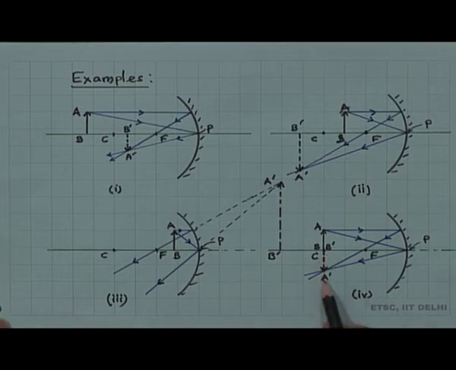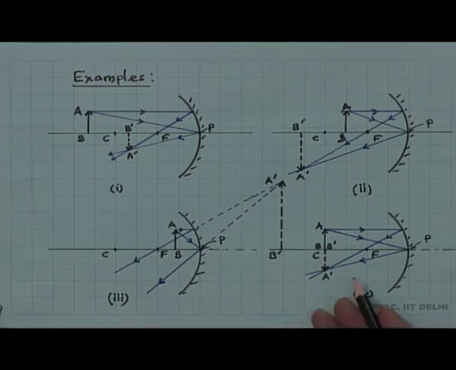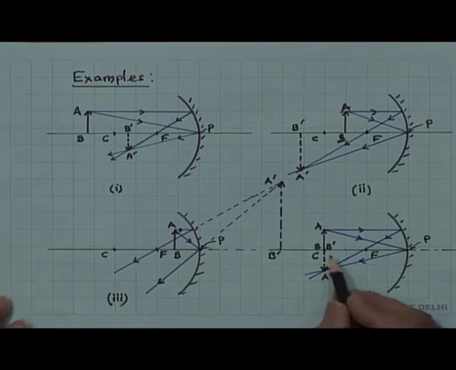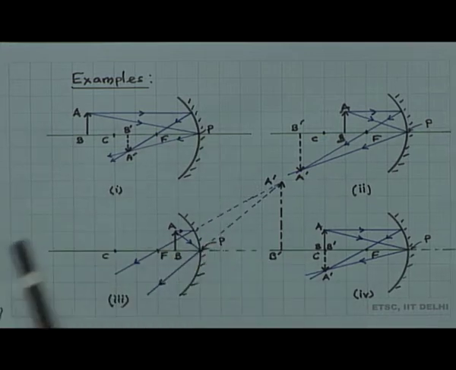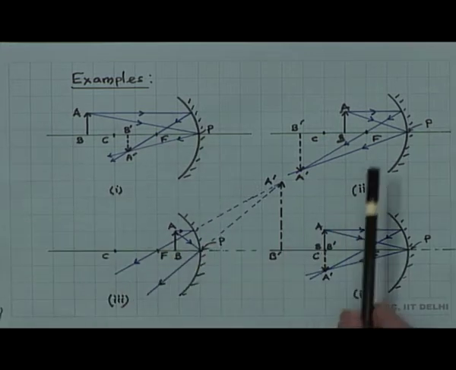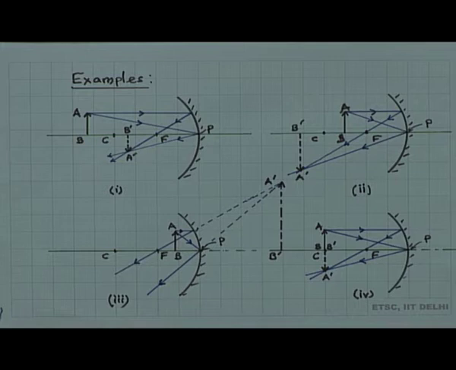The image is formed at the same place as C, and it is an inverted image. It appears here that the object size is the same as the image size. We will see this later mathematically, that indeed it is true. So, these are some of the geometrical ways in which we can obtain the location of the image for a given position of the object.